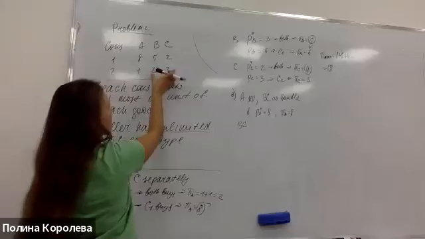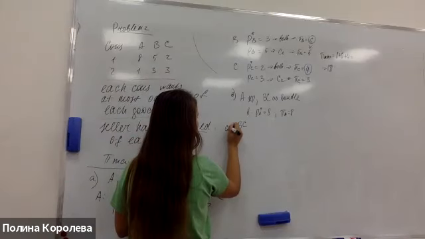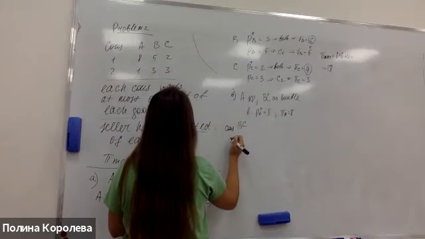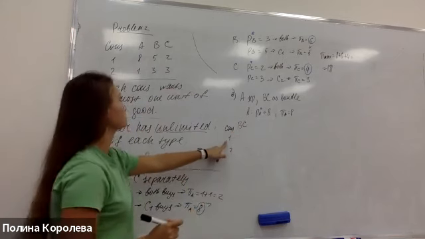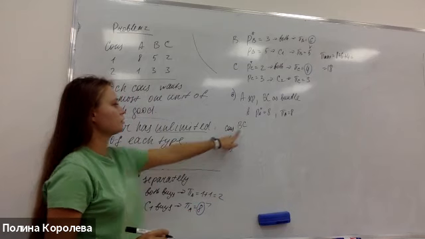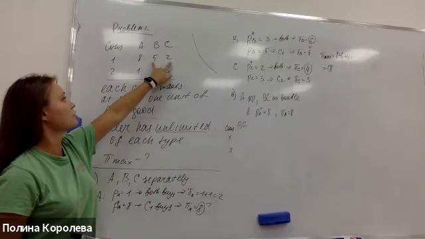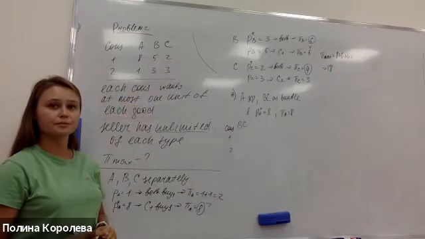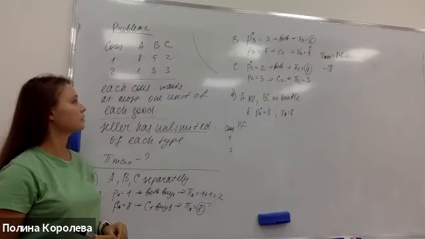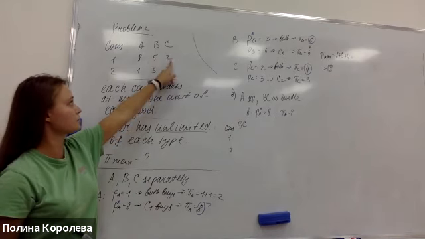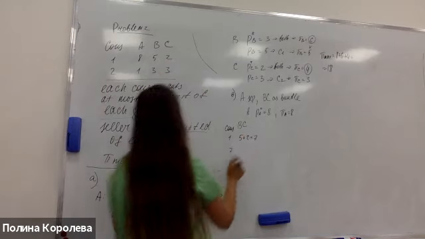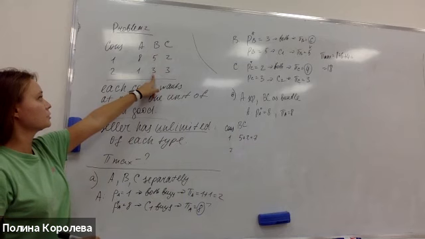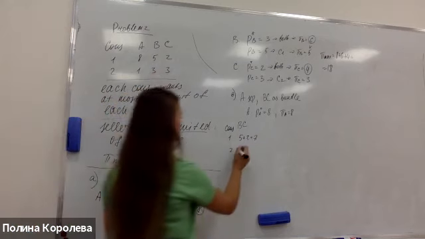So let's sum up. For the first consumer, maximum willingness to pay for such a bundle, how much? 7. 5 plus 2, 7. And for the second consumer, 3 plus 3, 6.